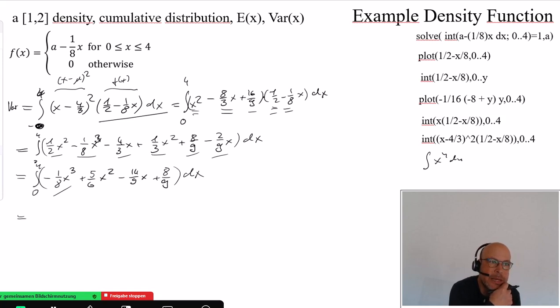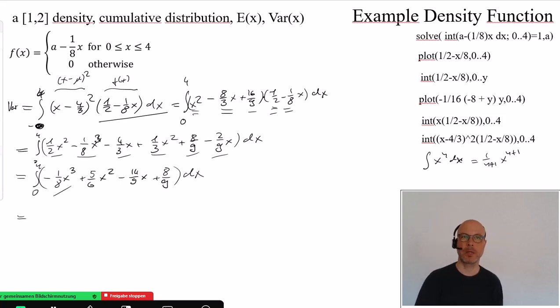Actually, I need feedback, otherwise it is not helpful to give a lecture. This is easy mathematics from school. So this is 1 over n plus 1 x to the power of n plus 1.